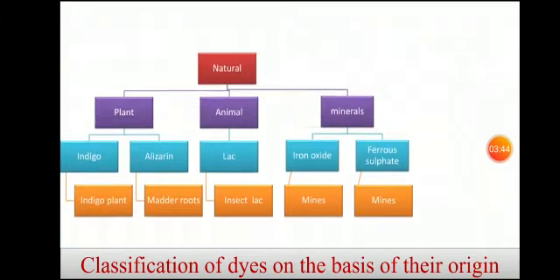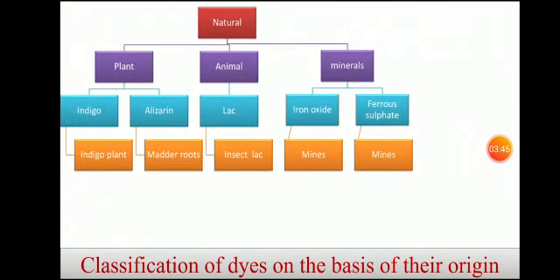Then we'll see the classification of dyes based on their origin. In earlier ages, dyes were obtained from nature. If they are obtained from plants, they are plant dyes; from animals, animal dyes; and if obtained from minerals, they are called mineral dyes. From plants, indigo is the first dye obtained.